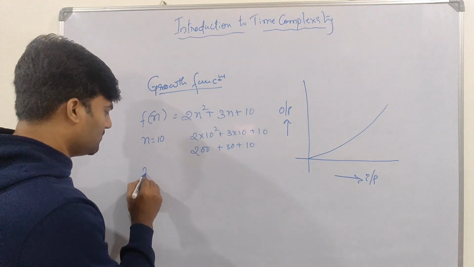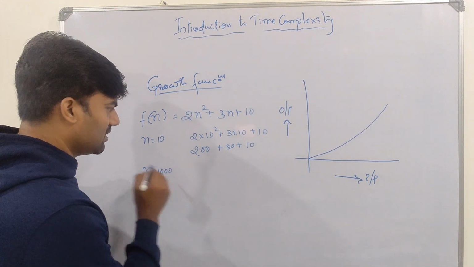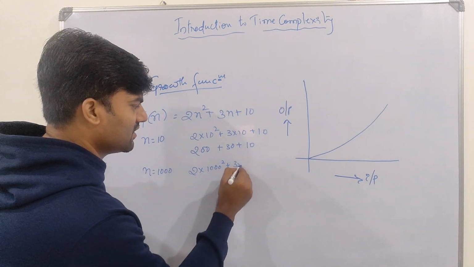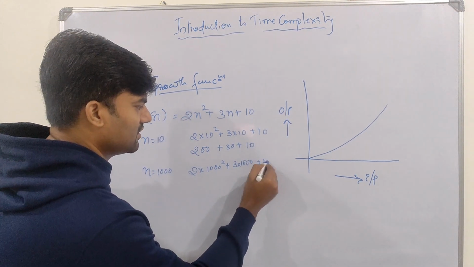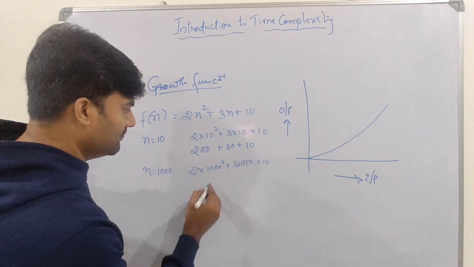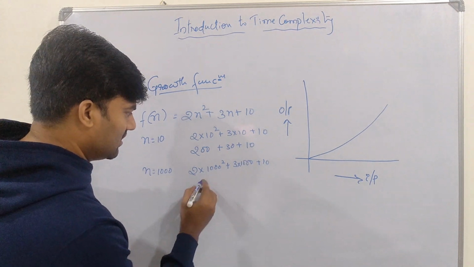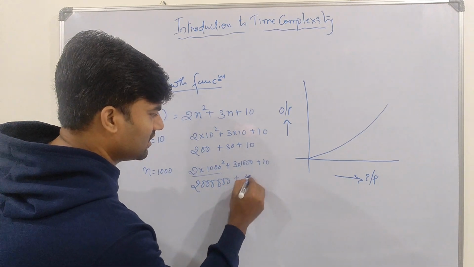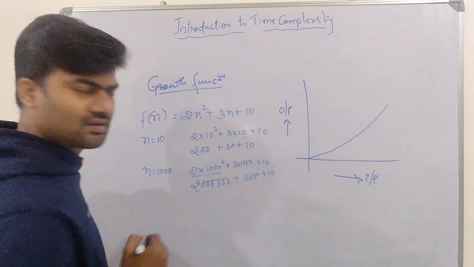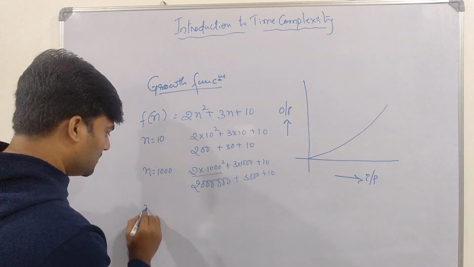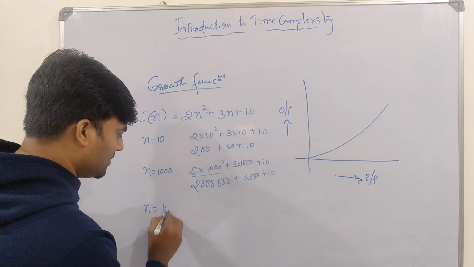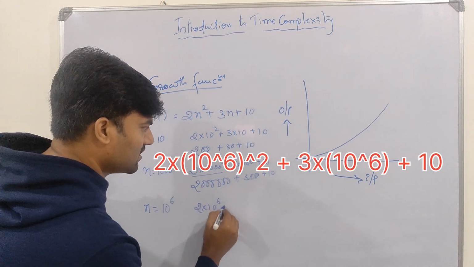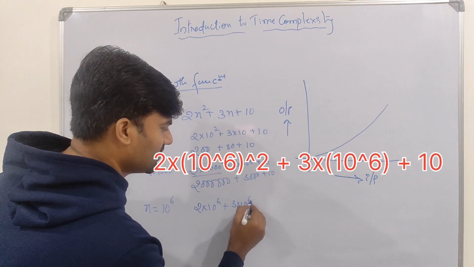Now let us increase the value of n to maybe 1000. This is 2 into 1000 square plus 3 into 1000 plus 10. This will be larger, plus 3000 plus 10. Let us take a still larger value, maybe 10 raised to 6. So this becomes 2 into 10 raised to 6 squared plus 3 into 10 raised to 6 plus 10.